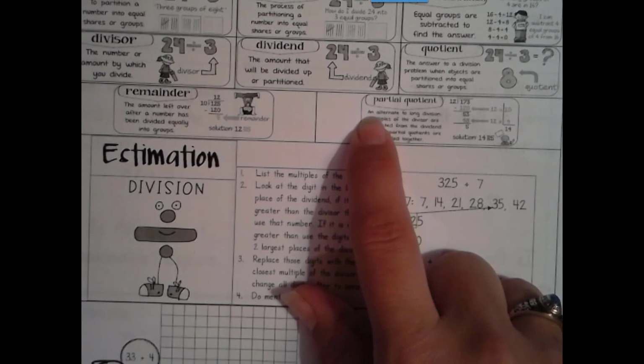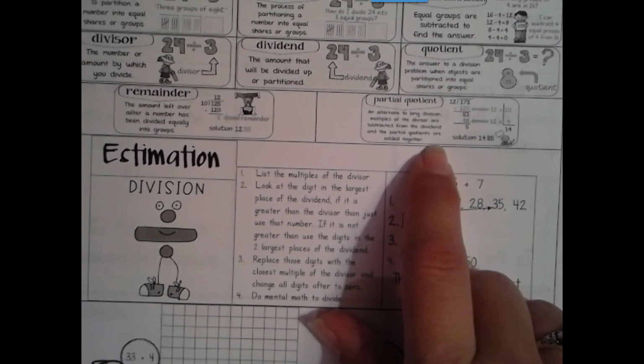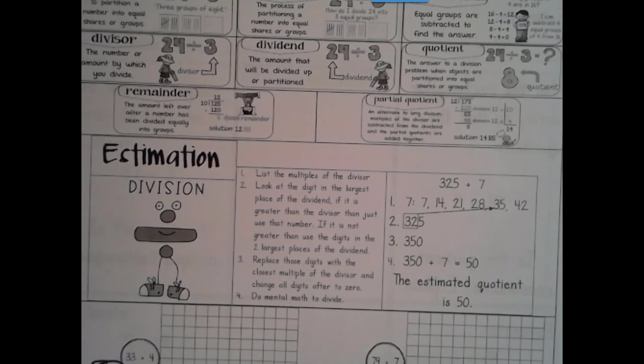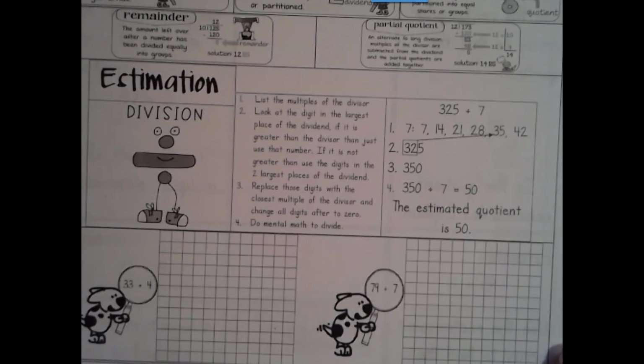Partial quotient, an alternate to long division. Multiples of the divisor are subtracted from the dividend, and the partial quotients are added together. We'll be looking at partial quotients this year. And in 6th grade, you will learn the standard algorithm.